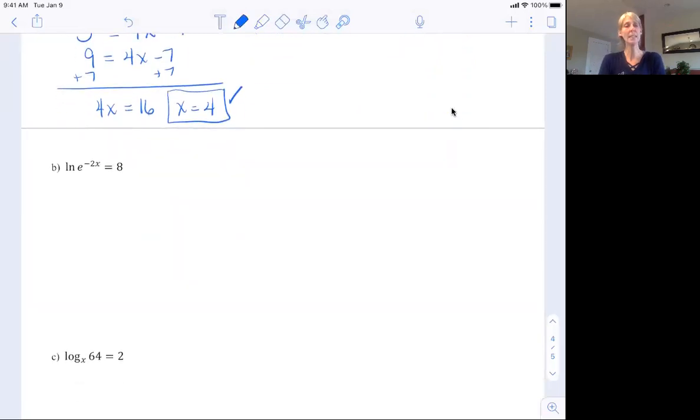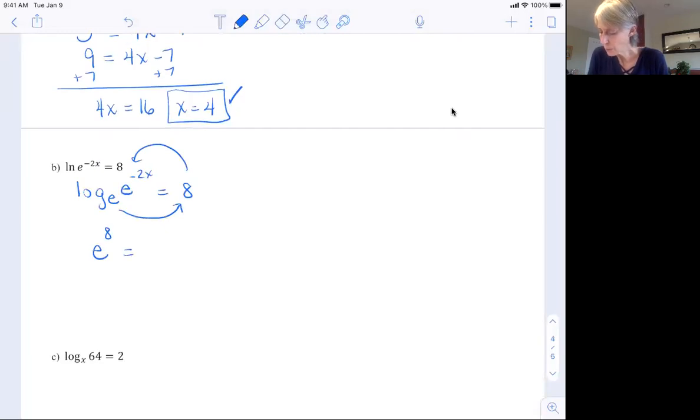ln of e to the negative 2x equals 8. So I'm first going to rewrite this in exponential form, but in order to do that, I kind of like to rewrite it. I have to talk things through. So, e to the 8 equals e to the negative 2x.